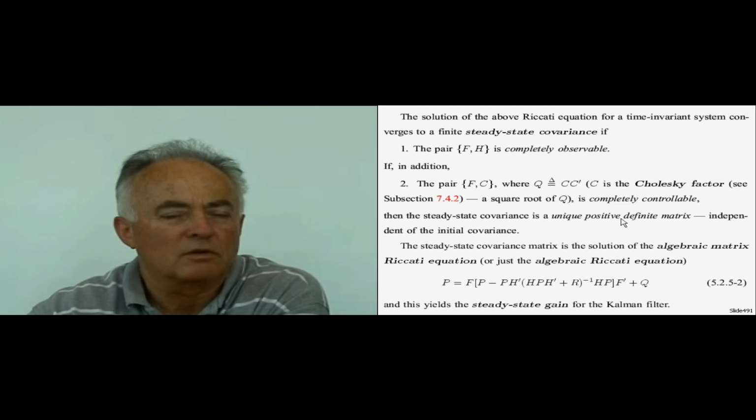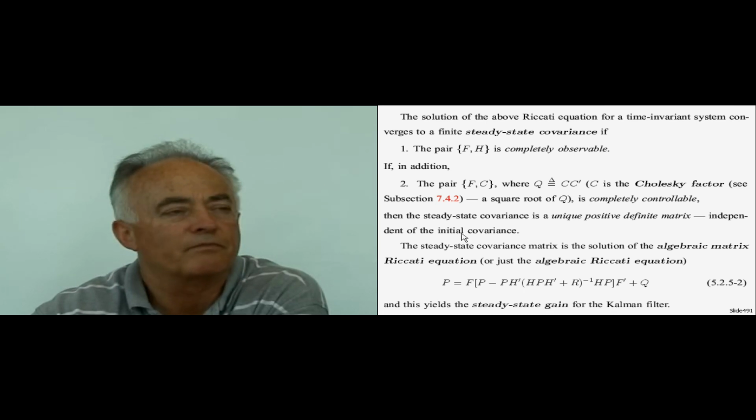We said it's bounded from above, now it's bounded from below. It cannot have zero eigenvalues. It has finite eigenvalues from result 1. Now, the second condition says it is unique, and there are no zero eigenvalues. And this whole thing is now independent of the initial covariance.